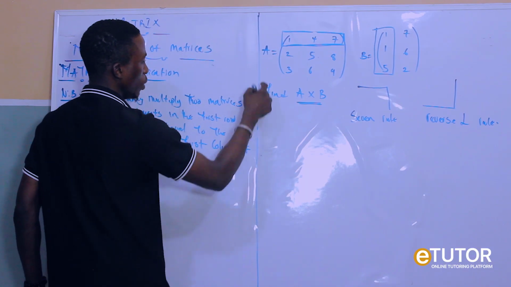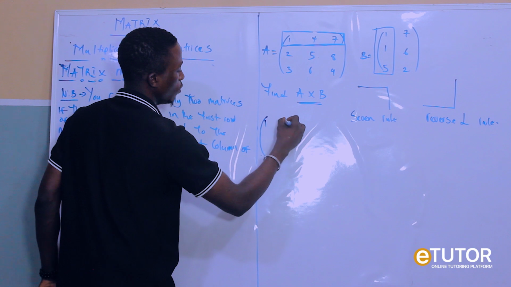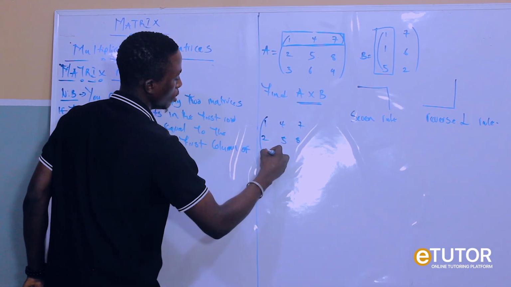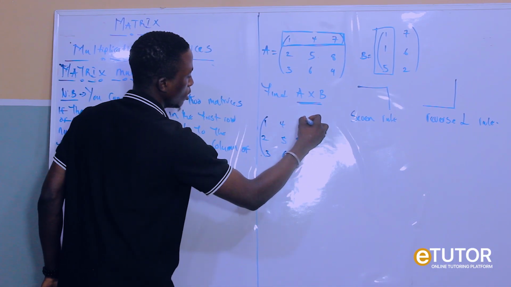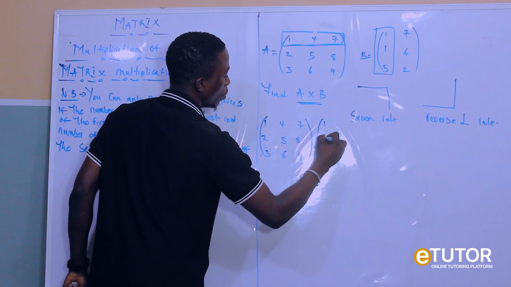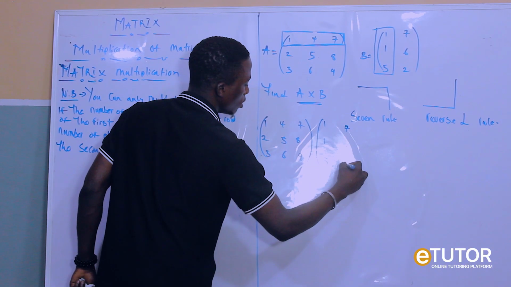So let us multiply. We're going to have A times B equals 1, 4, 7, 2, 5, 8, 3, 6, 9, and this we have 1, 1, 5, 7, 6, 2.